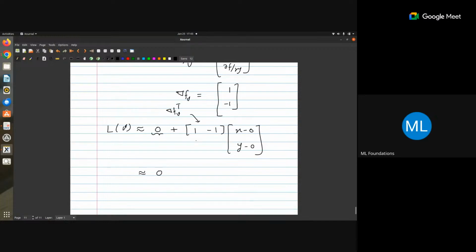This vector is 1 cross 2 and this vector is 2 cross 1, so the multiplication produces a 1 cross 1 scalar. That is x plus, minus y. So the linear approximation is x minus y. This is the linear approximation of e to the power x sine of x minus y around x, y equal to 0, 0.